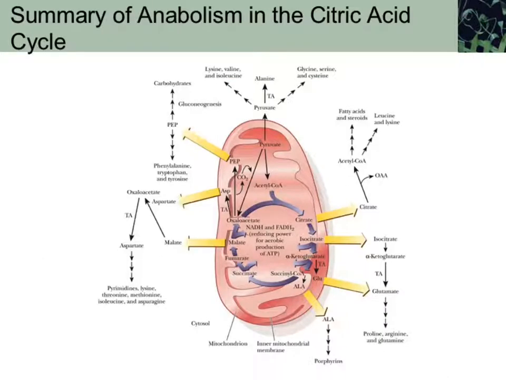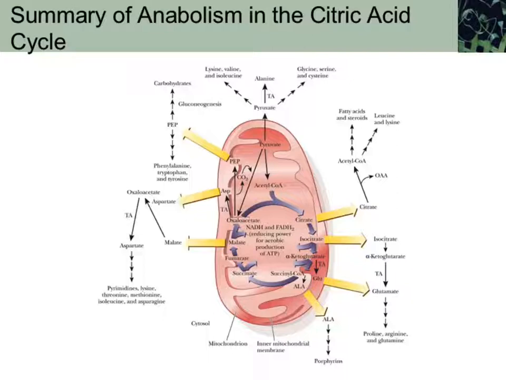Lipid anabolism. So now we're looking at how we can, and I don't know why they call this lipid because this isn't just producing lipids, but kind of beside the point. We can look at each of the things coming out of the structure or out of citric acid and what they end up being used towards or produced from.